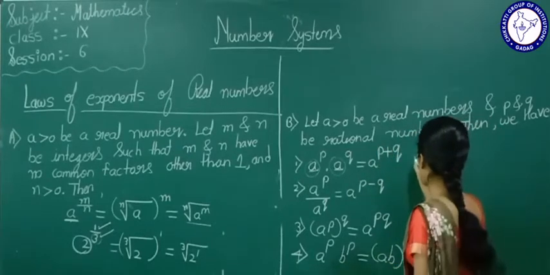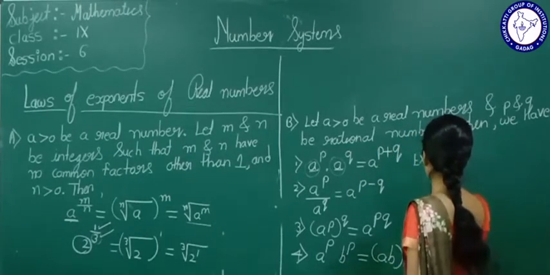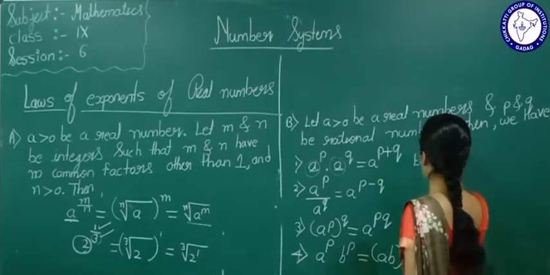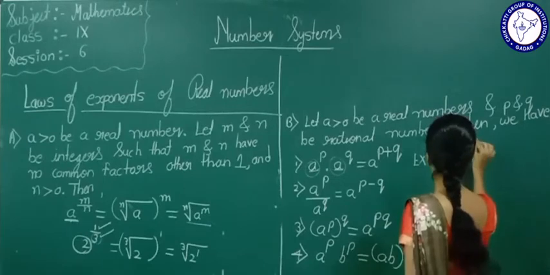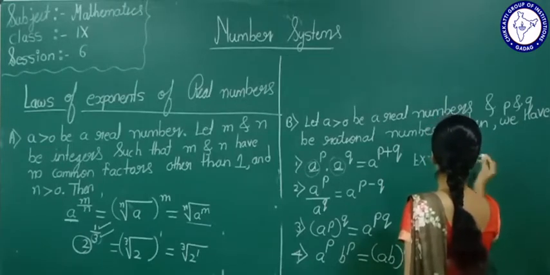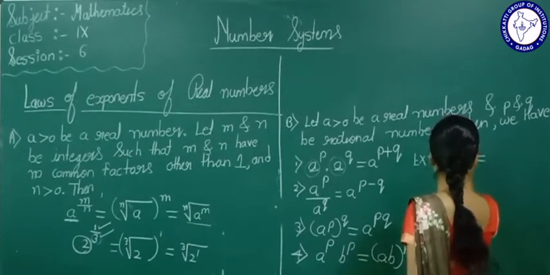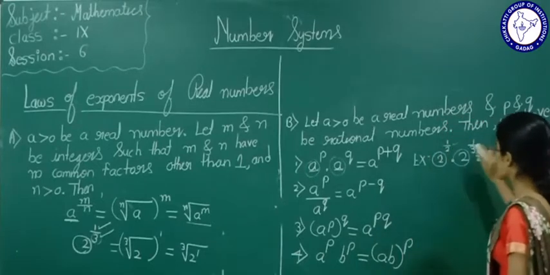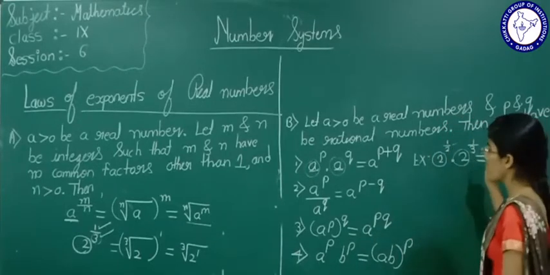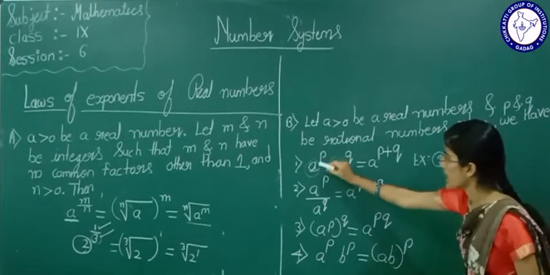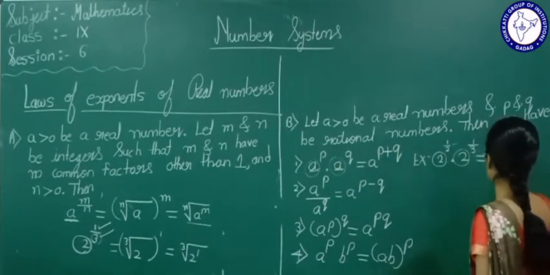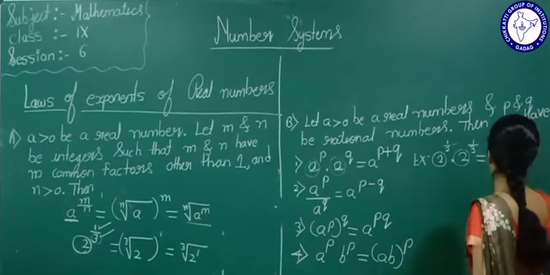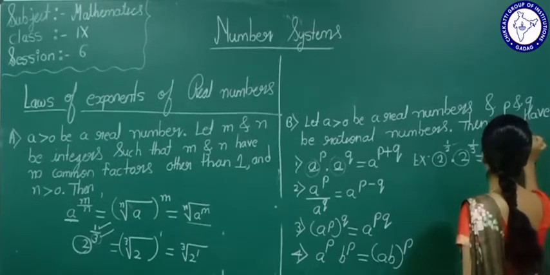We will see an example for this. 2 raised to 1 by 2 times 2 raised to 1 by 3. If the bases are same and the indices are different, the law tells us that a raised to p into a raised to q is a raised to p plus q, that is 2 raised to 1 by 2 plus 1 by 3.